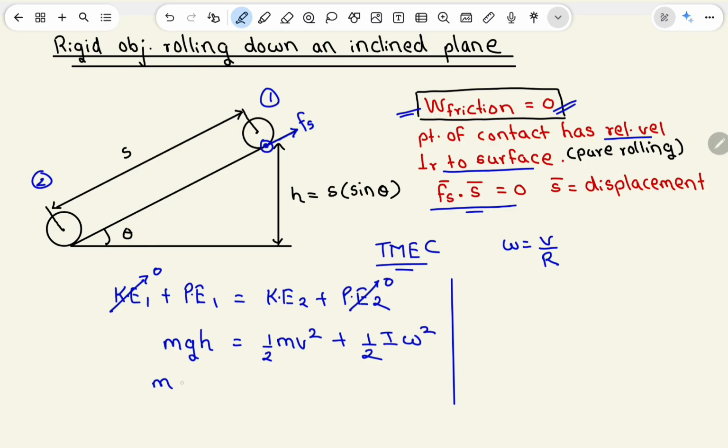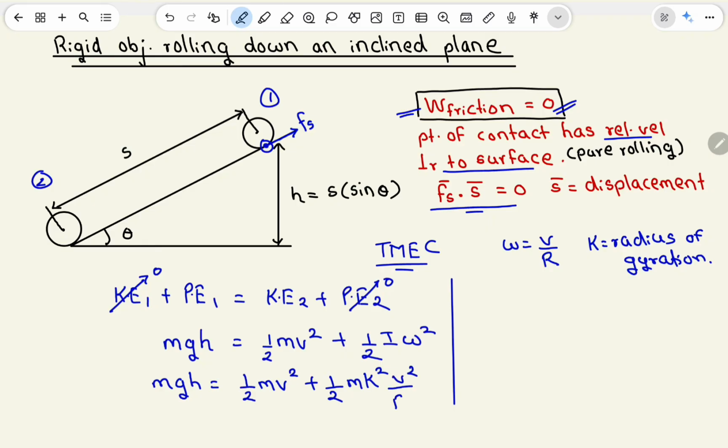So, mgh is equal to half m v square plus half I omega square. In place of moment of inertia, I am writing m k square, where k is the radius of gyration, and in place of omega square, we can write v square by r square. From all the places I can cancel out m.